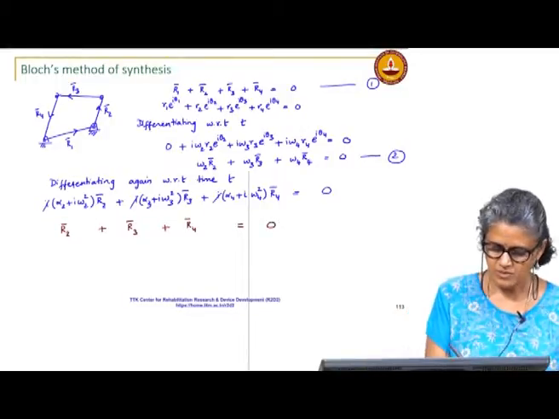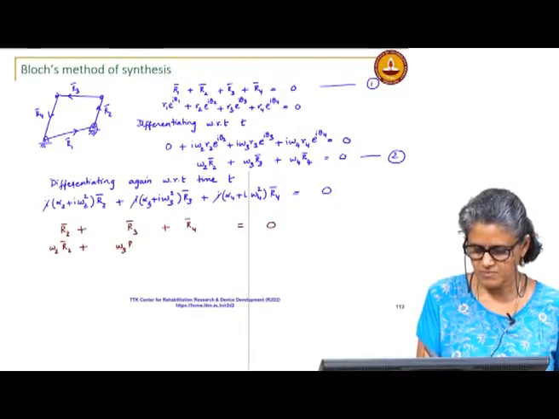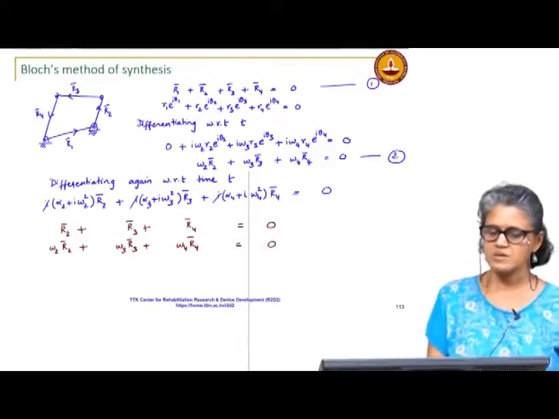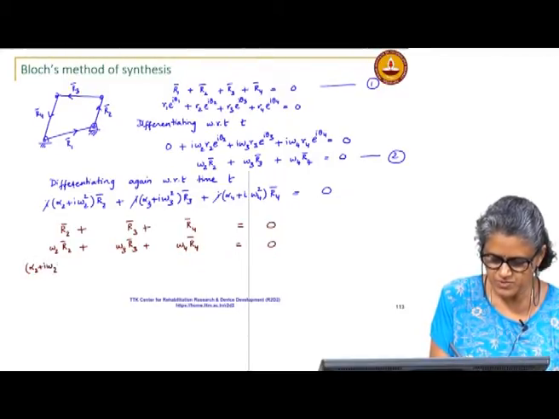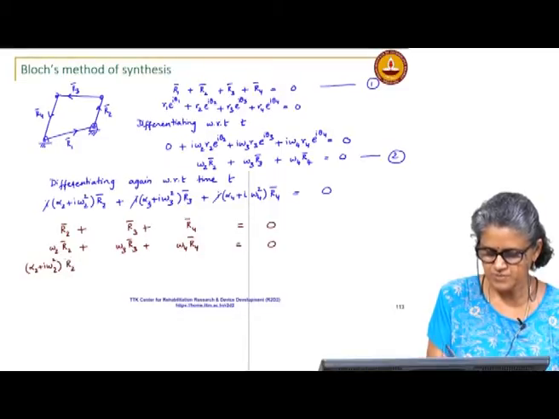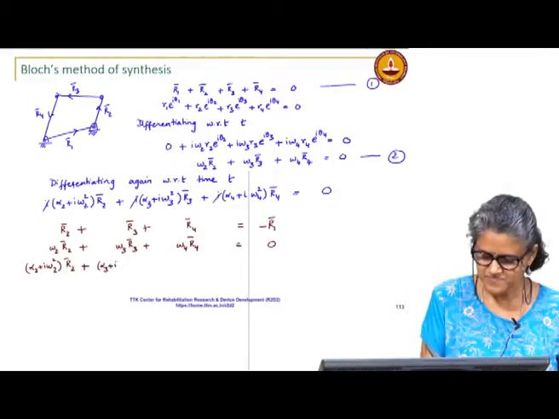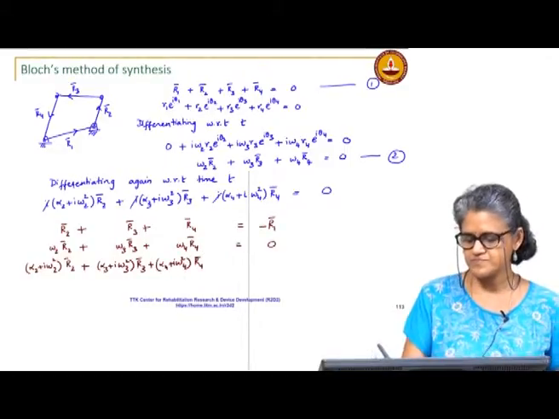This equal to 0, omega 2 R2, and then alpha 2 plus i omega 2 square R2, sorry, this is not equal to 0, this is minus R1, i omega 3 square R3 plus alpha 4 plus i omega 4 square R4 equal to 0.